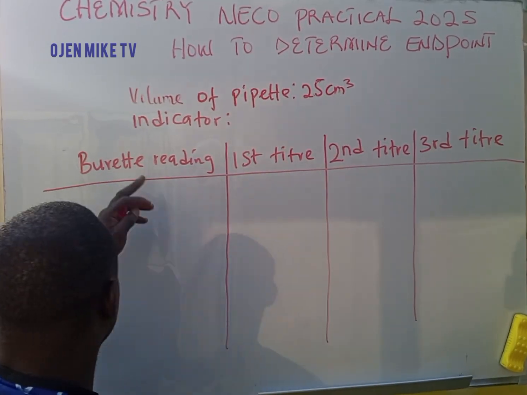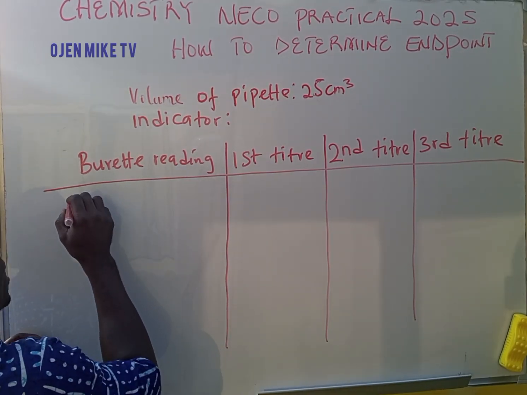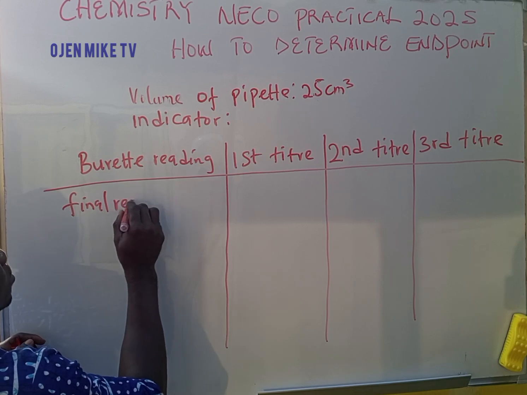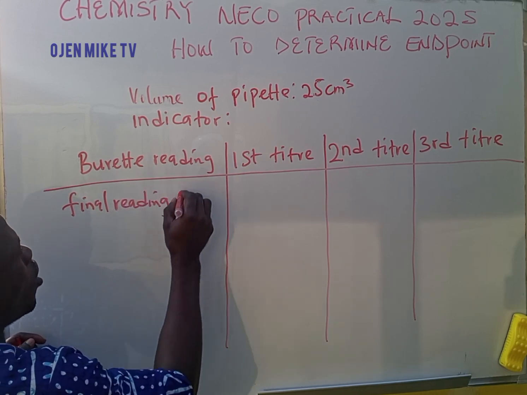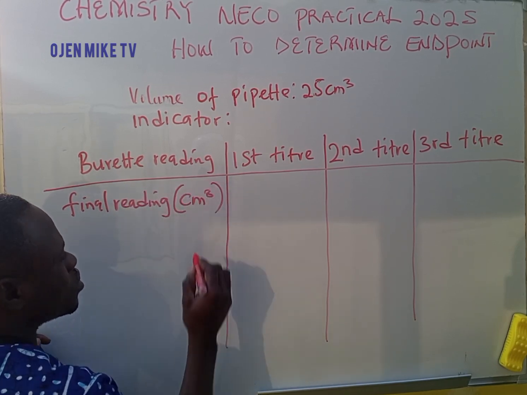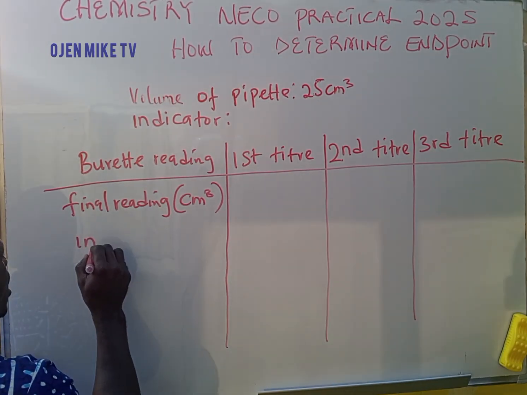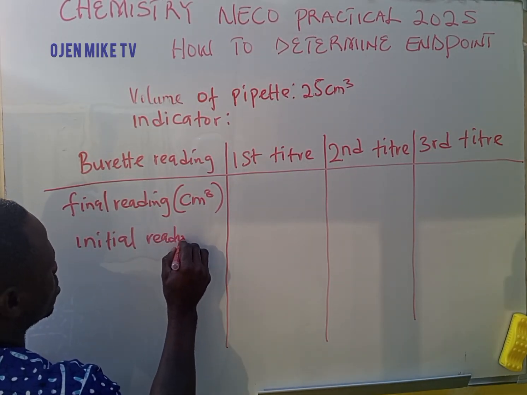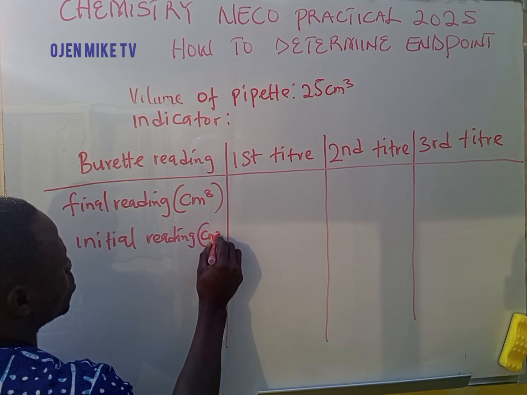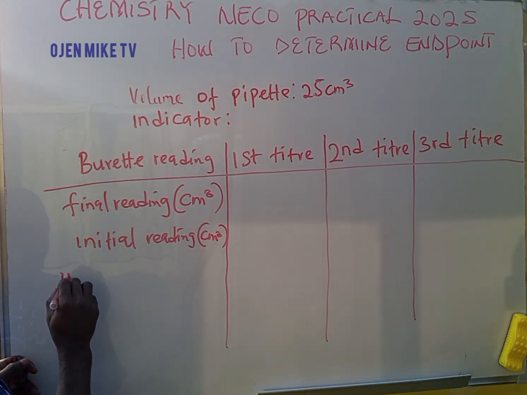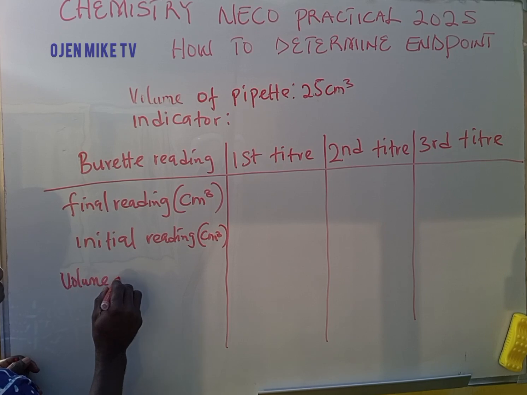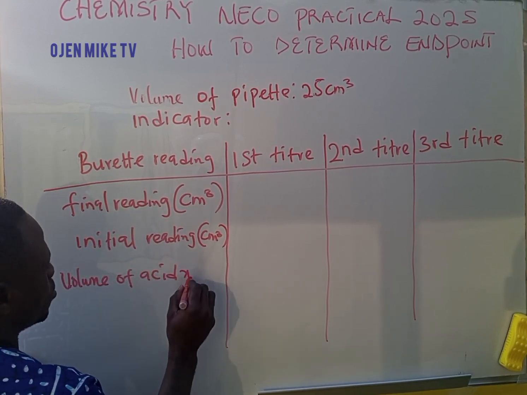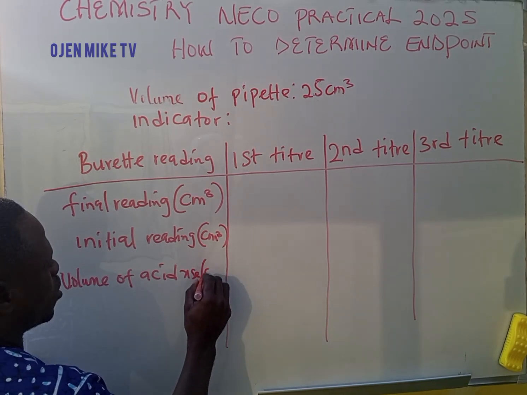Under burette reading, you have final reading, all must be in what? In cm cubes. Is that understood? You have initial reading, all in cm cube, and the last one is volume of acid used, all in what?